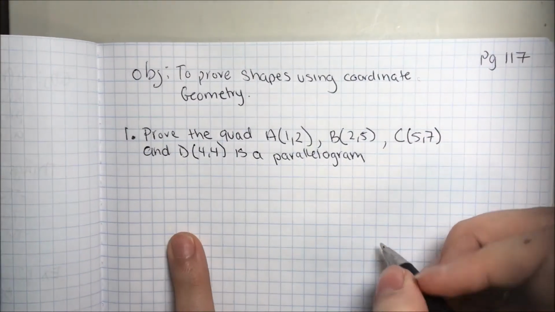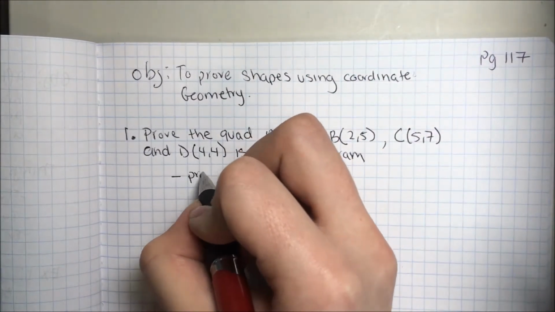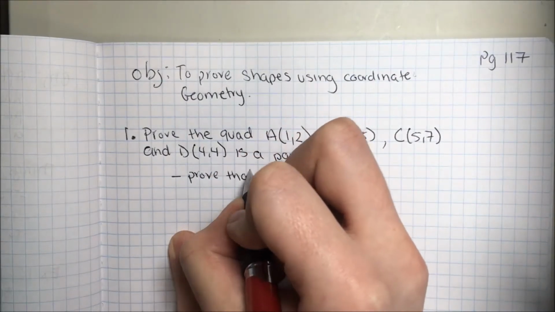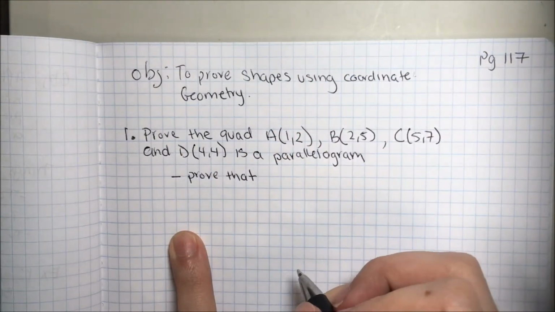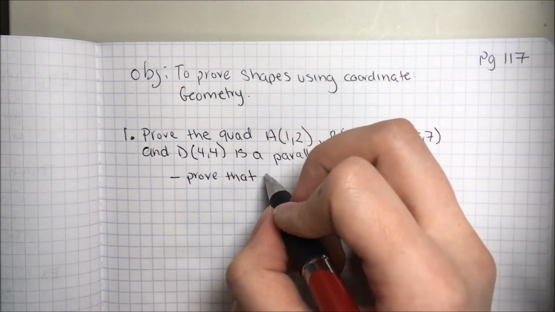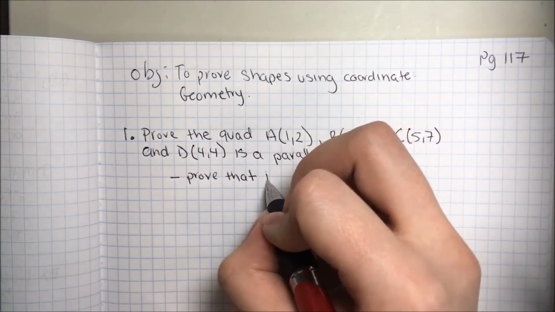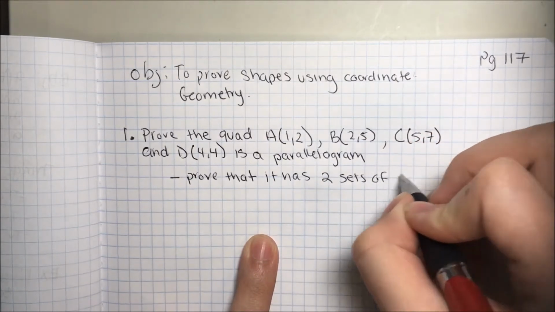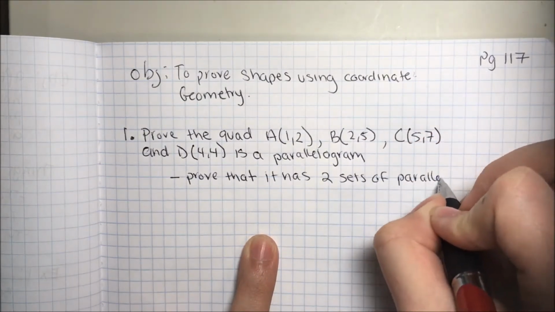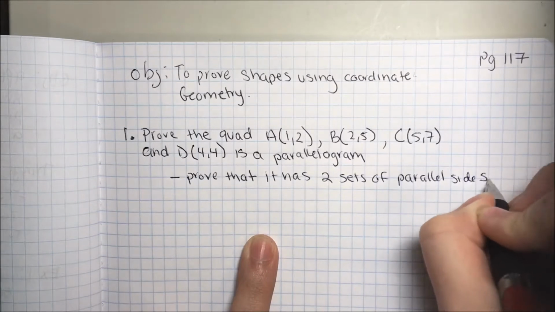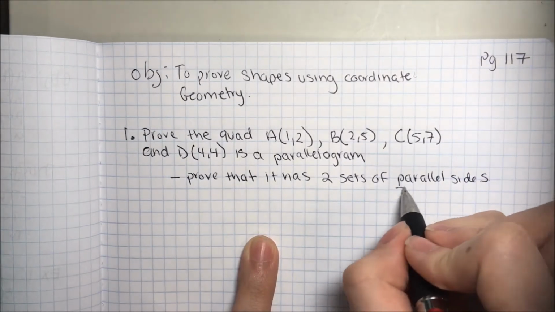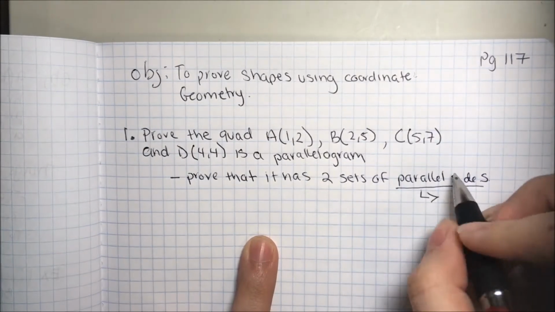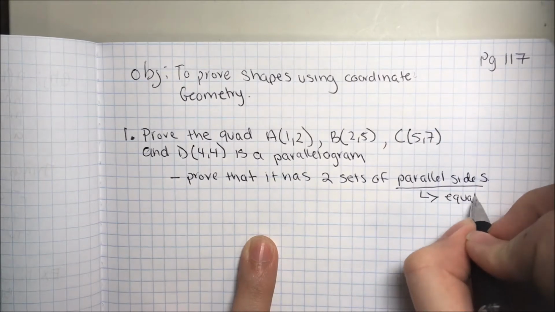So in order to do this, we need to prove that our quadrilateral has 2 sets of parallel sides. So parallel sides, we're going to show that we have equal slopes.